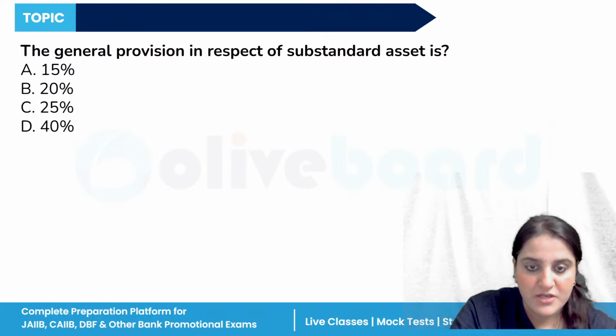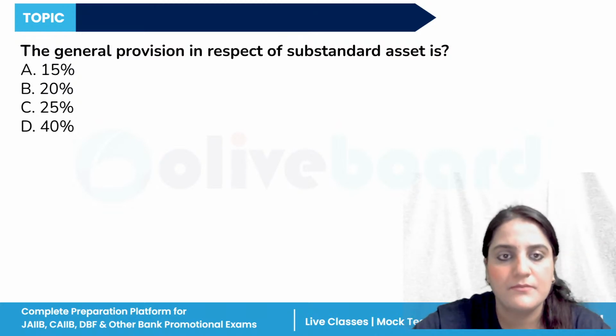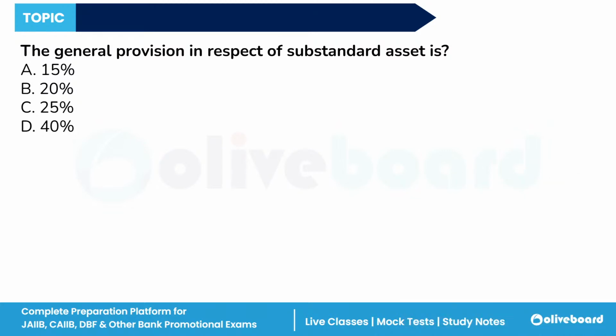So the general provision is basically 15% on the total outstanding for a substandard asset. That is 15%. I hope it is clear to everyone. Option A is correct here.